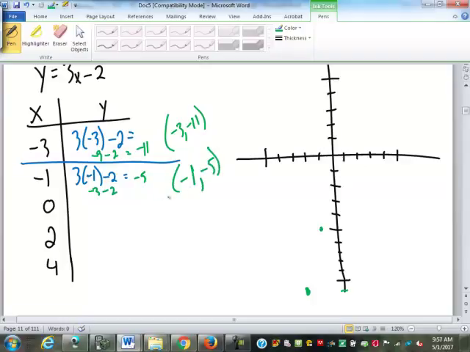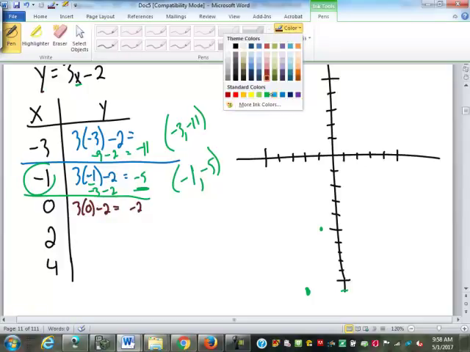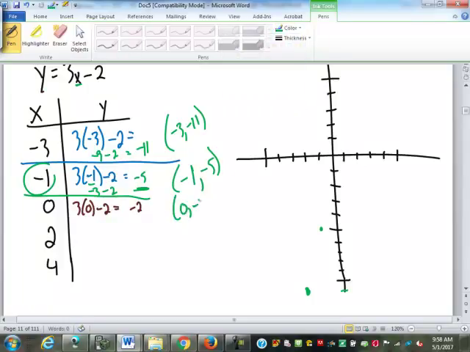Right there. Does everybody see where I got the negative 5 from? Any questions on it? I just put this value in where x is here and I solved it. So if x is 0, y equals 3x minus 2, so it's 3 times 0 minus 2. Ends up being negative 2. Good. So 0, negative 2 is right there.